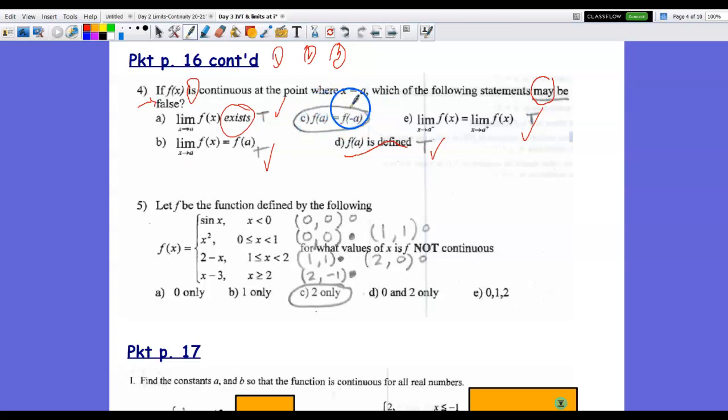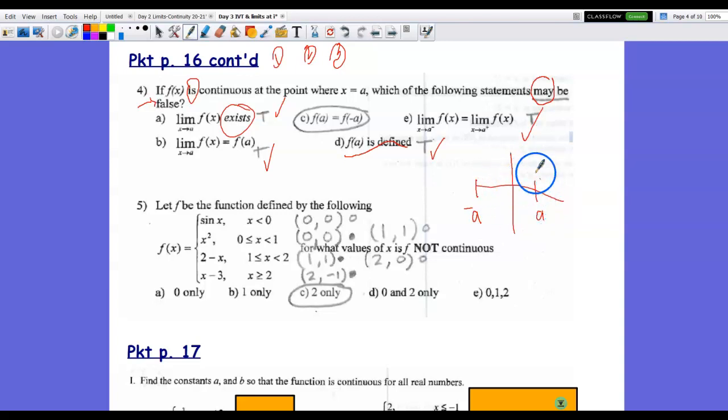This part right here, f of a is equal to f of negative a. That says if you were to have a graph and you have an x value of a and an x value of negative a, obviously they would be symmetrically located about the origin.